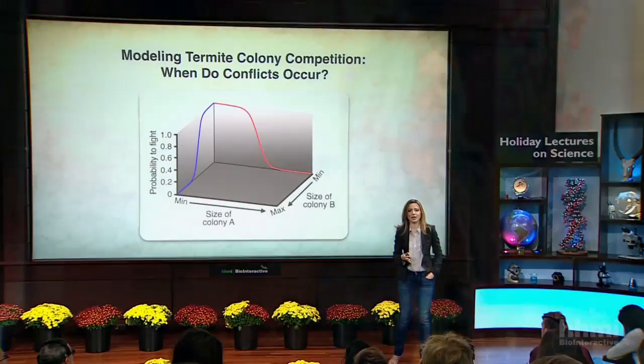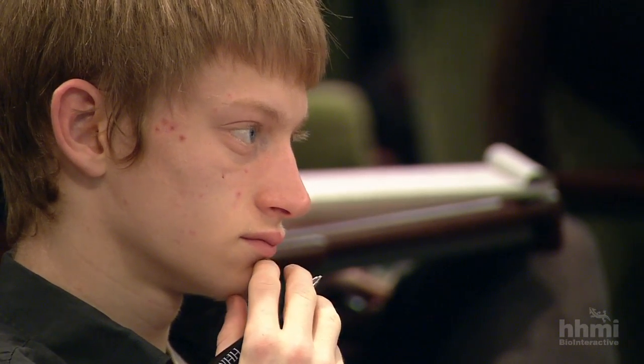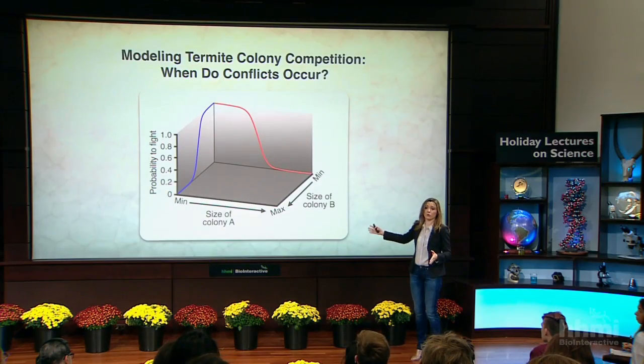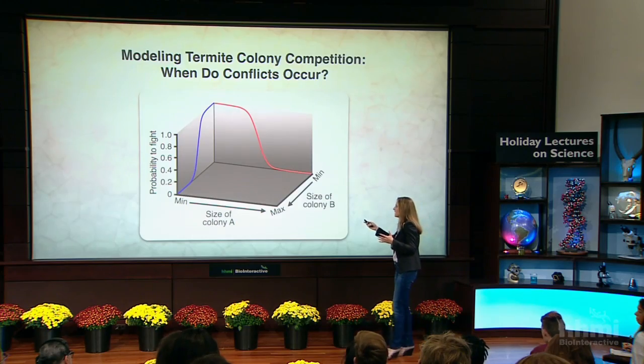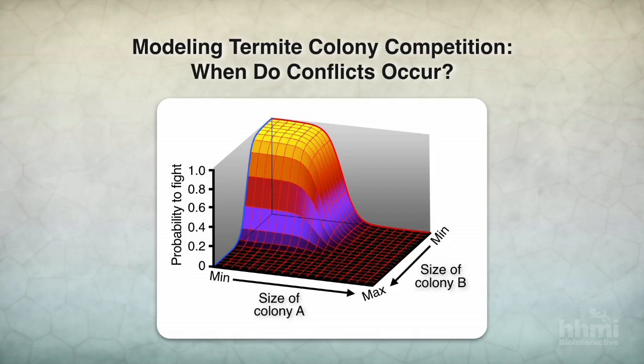But colonies obviously don't exist in a void just by themselves. They typically need to fight when they run into other colonies. So now the question is, what do colonies A and B do when they meet each other? Each one has their own level of aggression, but in the end, the function that determines whether they're going to fight looks more like this. If they're both small, it's very likely that they're going to fight.